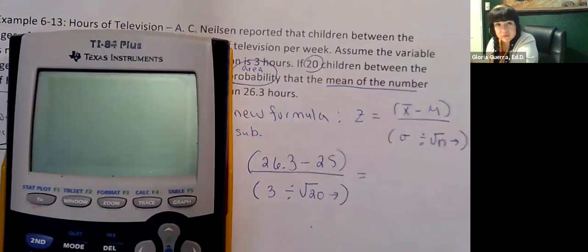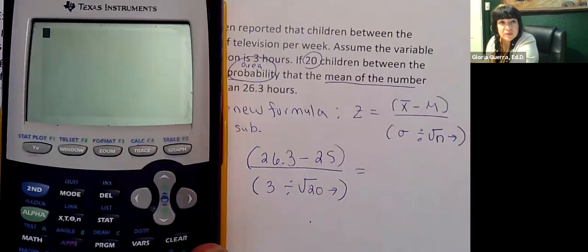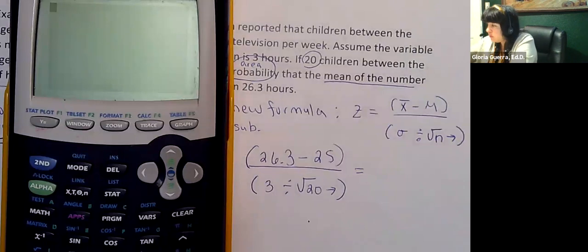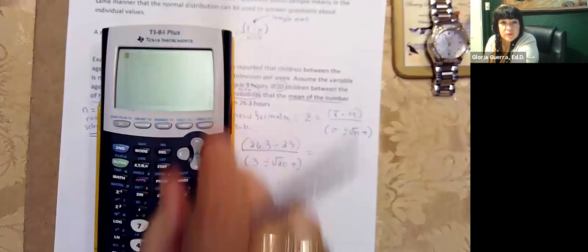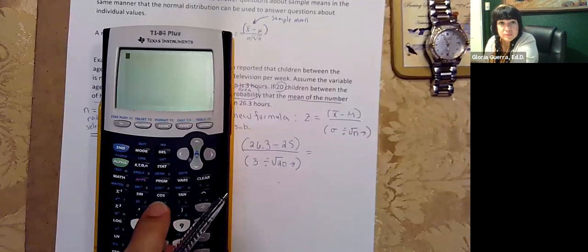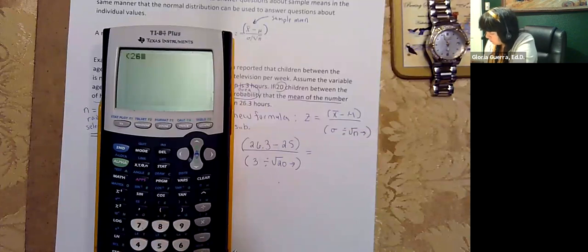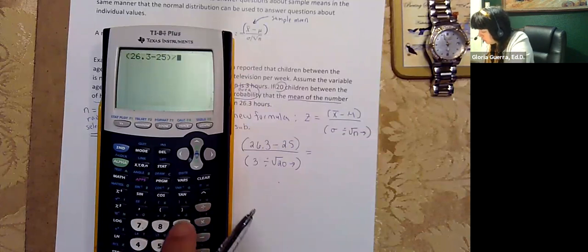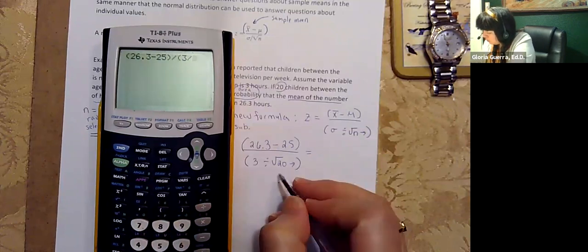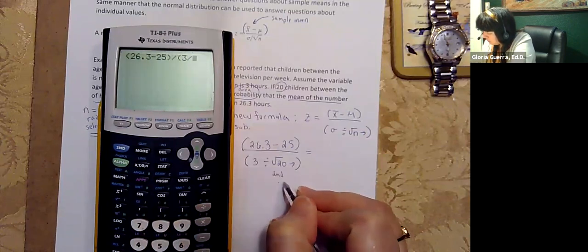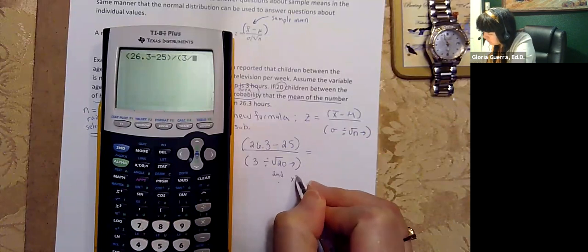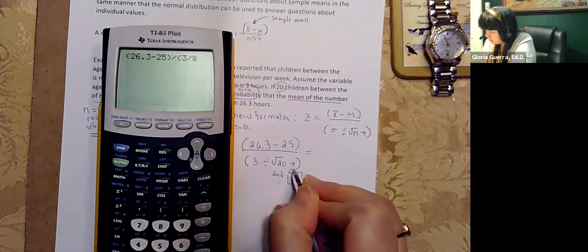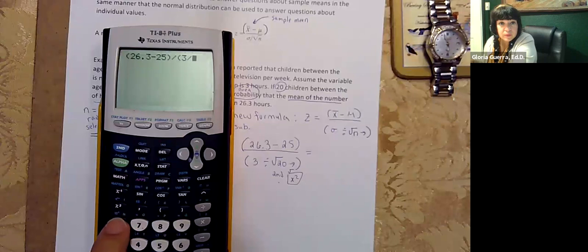The parentheses are right above 8 and 9. So parentheses, 26.3, take away 25, close parentheses, divided by open parentheses, 3 divided by, now the square root: you hit the second button and the x squared button, because that's where you have that radical.